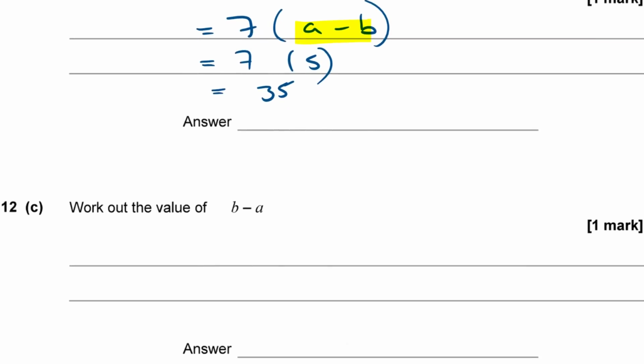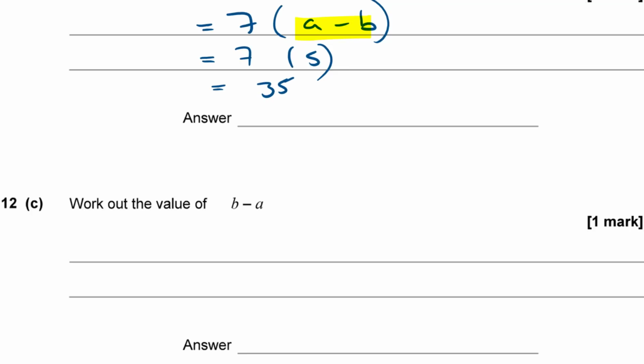And then finally it says work out the value of B minus A. How can I work out the value of B minus A? A minus B is equal to 5. What is the value of B minus A? Now there's a quick and easy way of doing this. It's moving everything around on the equation.